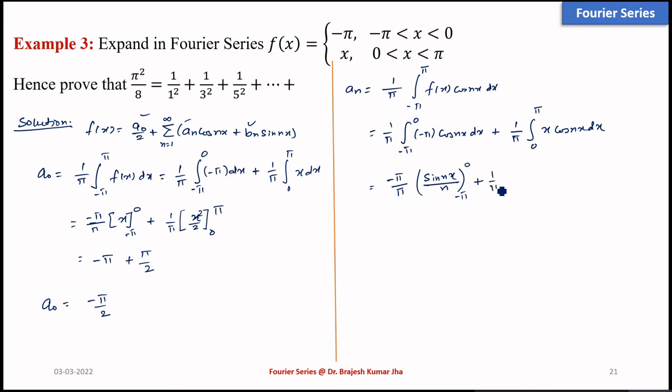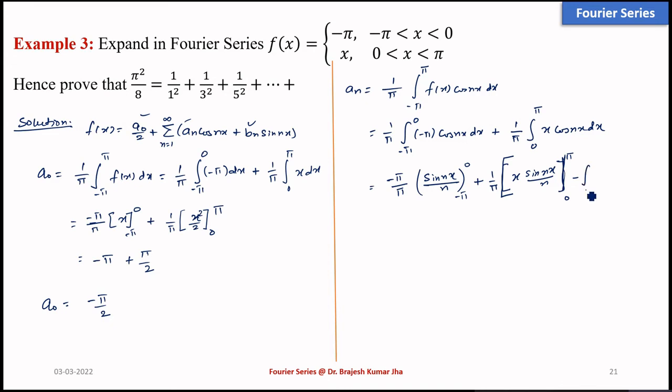Plus 1 upon pi. It will be what? Integration by parts that we have to apply. So it is x sine nx by n, 0 to pi, minus, either you can apply separately. If we are writing this one, this will be the limit part, so 1 by pi will be cut. So it is what?